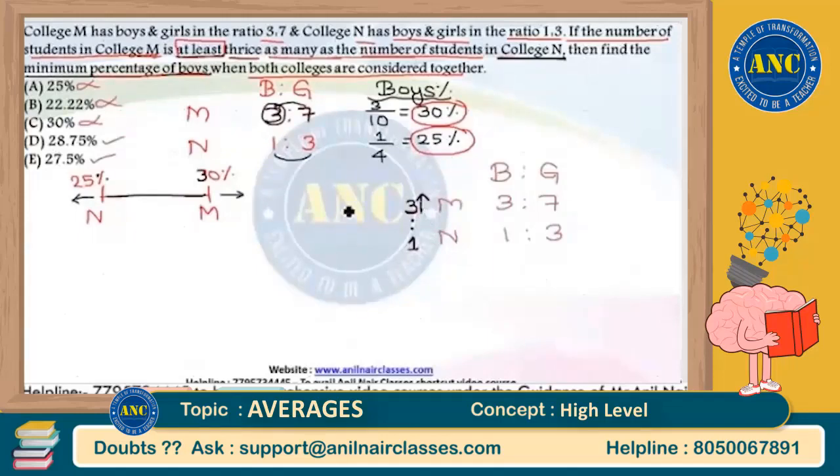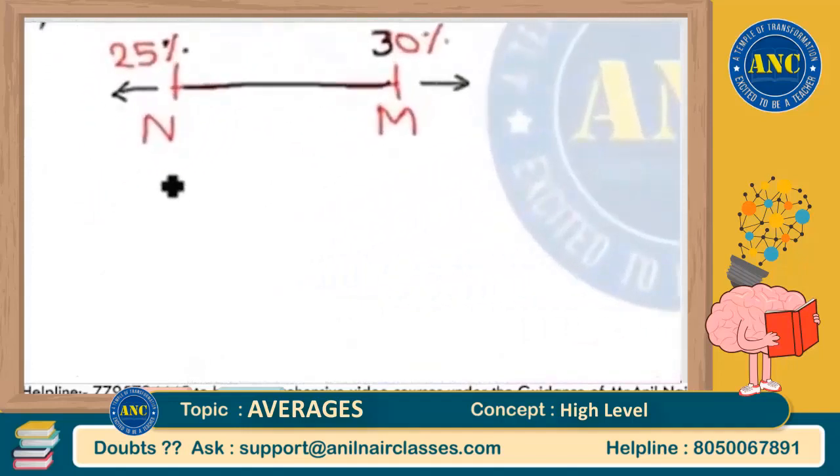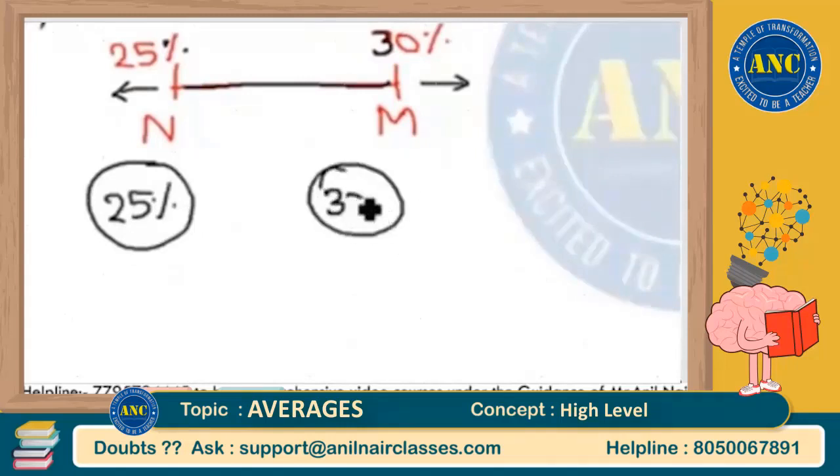Now, some time before I told you this statement. This is 25%. This is 30%. The average lies between 25 and 30. This is for college N. This is for college M. College N ratio is 1, college M ratio is 3 minimum, or it can be more than 3.